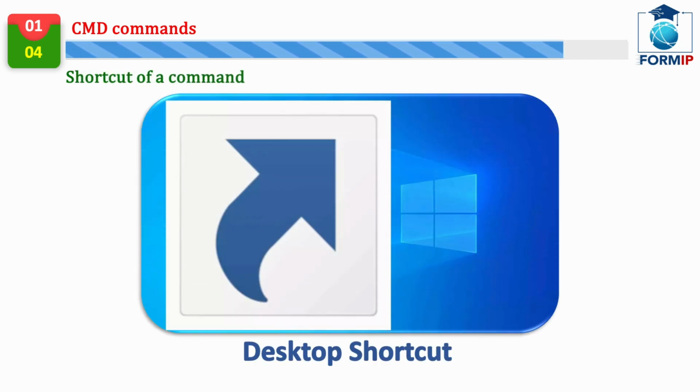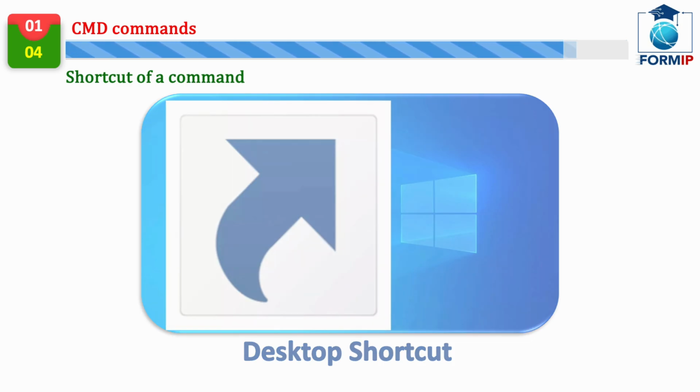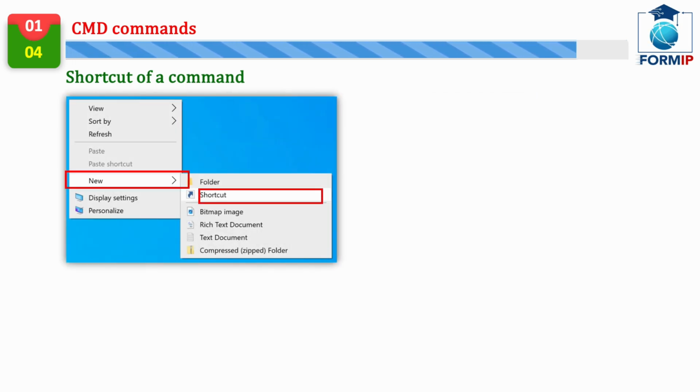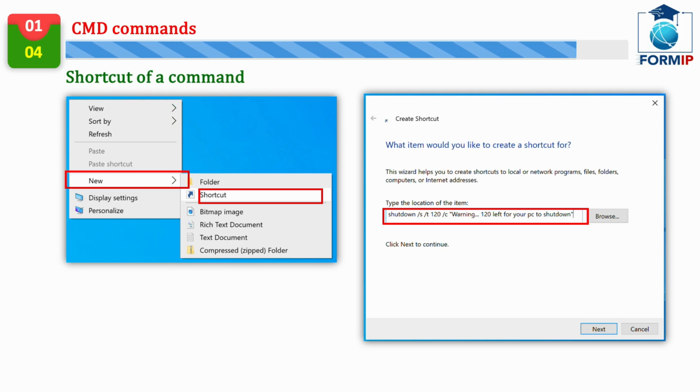Command shortcuts. Before we wrap up this first part on commands, I'll show you how to create a shortcut on your desktop that will automatically launch a command without having to open a command prompt window. So that's what we really call a shortcut. On your Windows desktop, right-click, and in the New tab, click on Shortcut. Next, you need to enter the full command, which you would have typed into the command prompt.